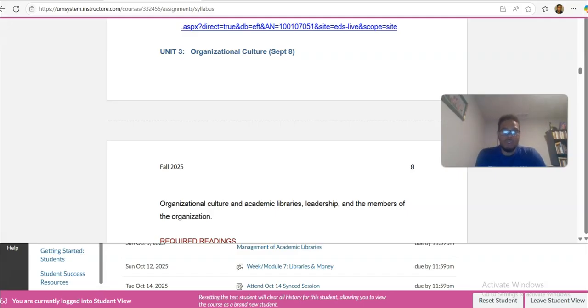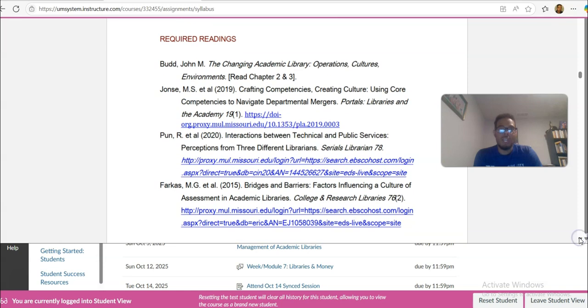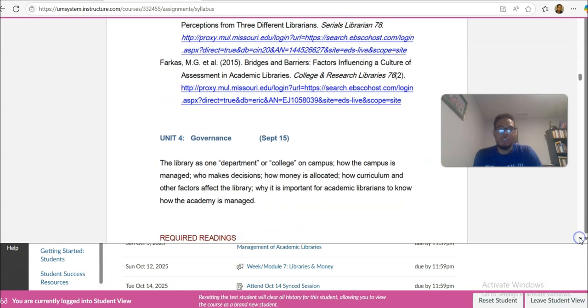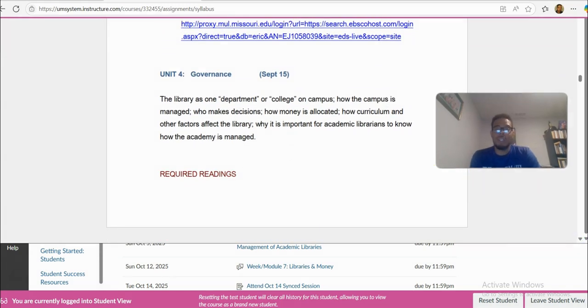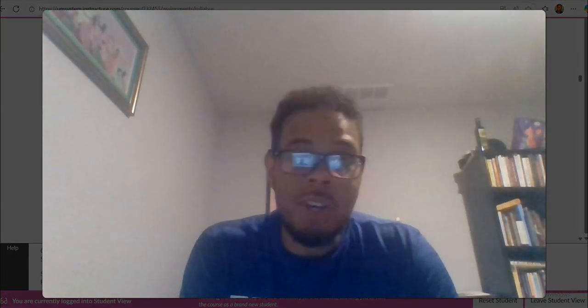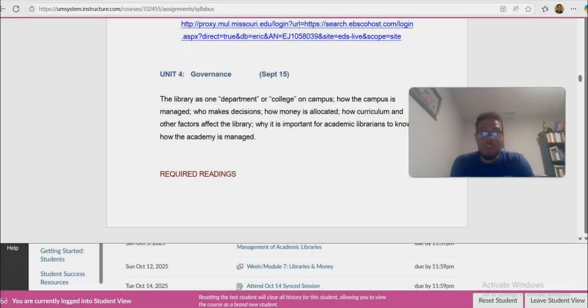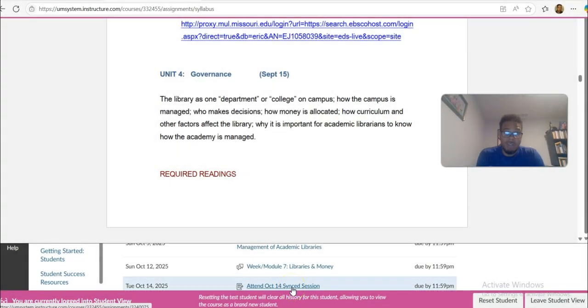So organizational culture and academic libraries, leadership, and members of the organization, and how all of that plays together. So we've got some selected readings there, and then we will talk about governance. And governance, I just did a book chapter on governance in academic libraries that will be published either next year or in 2027.